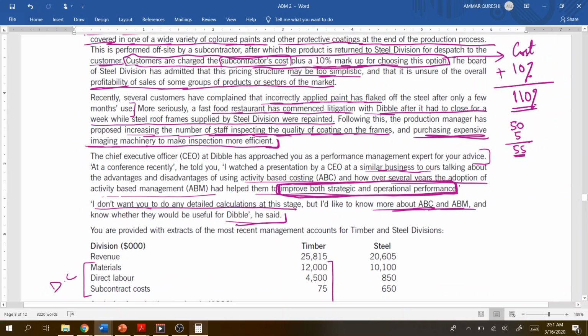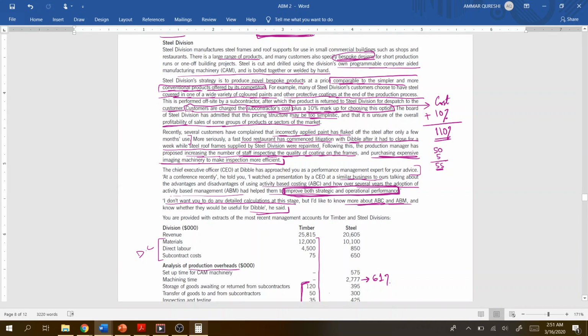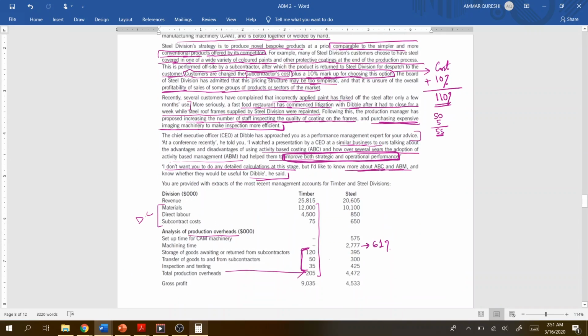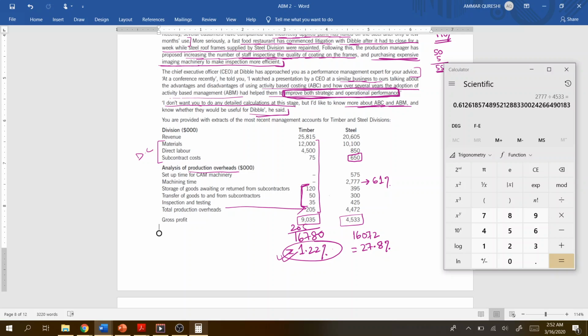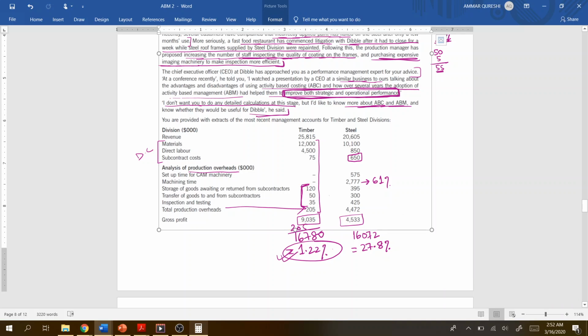But the important thing to consider here is that the subcontractor cost is 650 for the steel division. This means the company will charge 650 times 1.1, which is 715 from this customer.